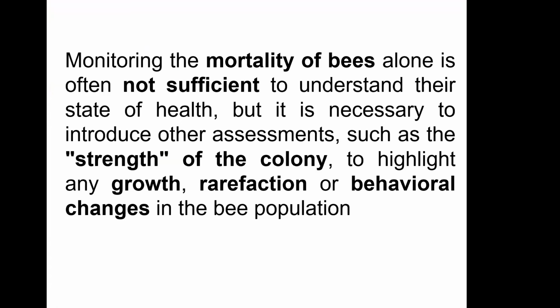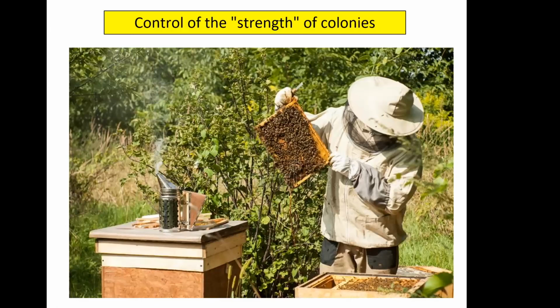So another important thing to do is to verify and assess the strength of the colony in order to see if there is any growth or rarefaction, and also abnormal behavior by the bees. This assessment of the strength of the colonies is generally made by the operator and the beekeeper.